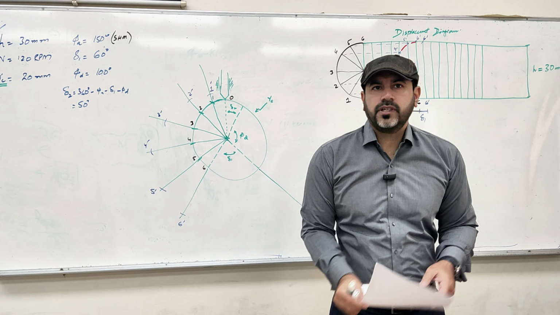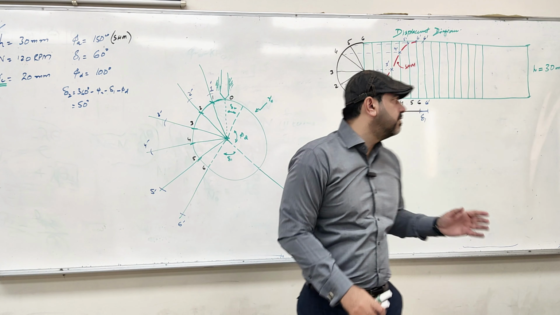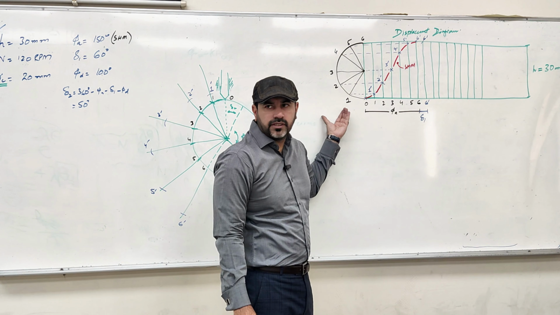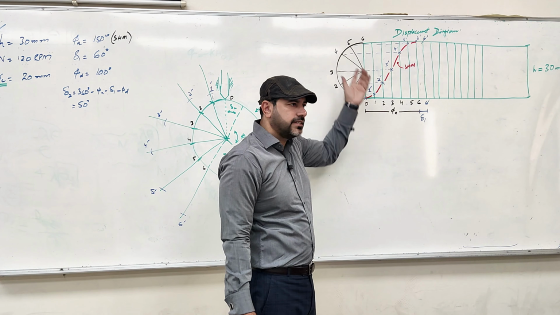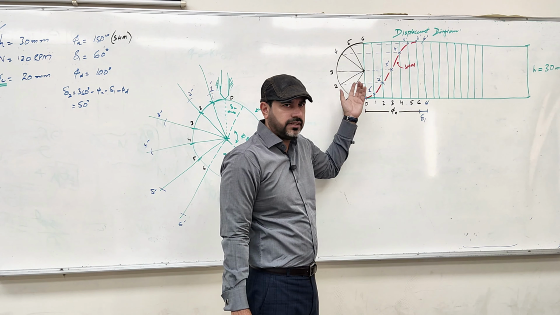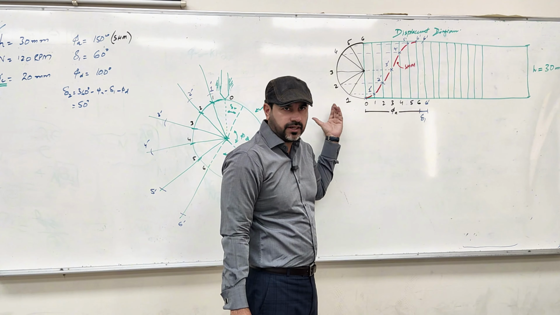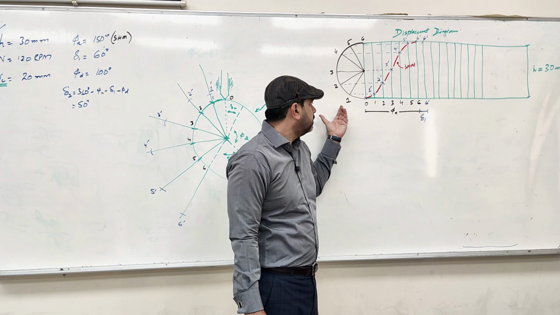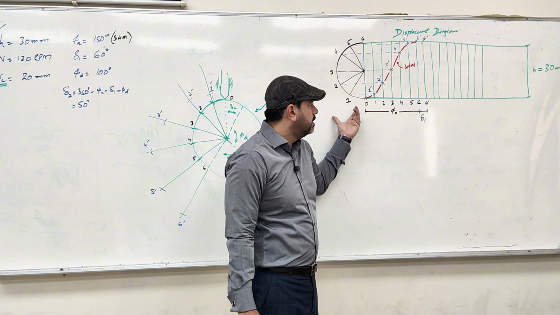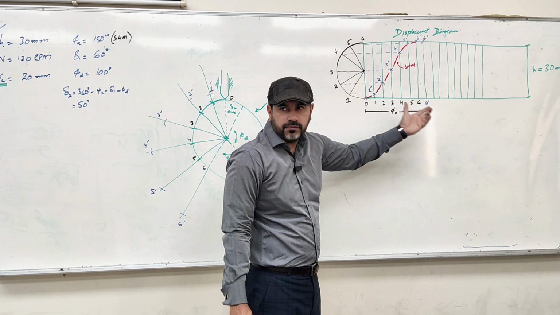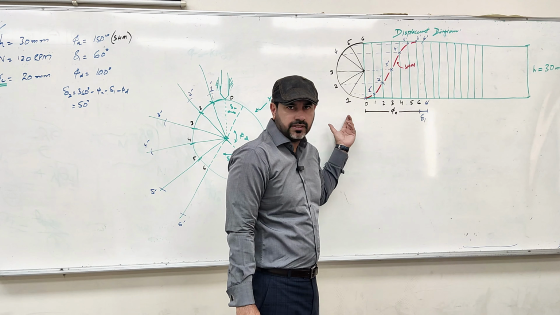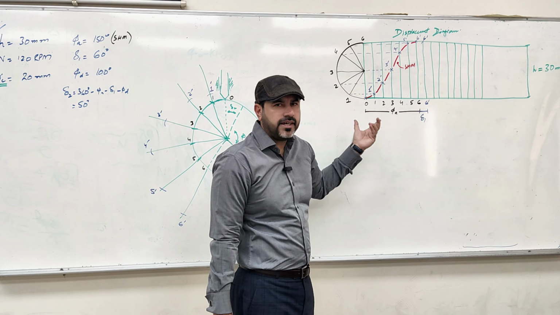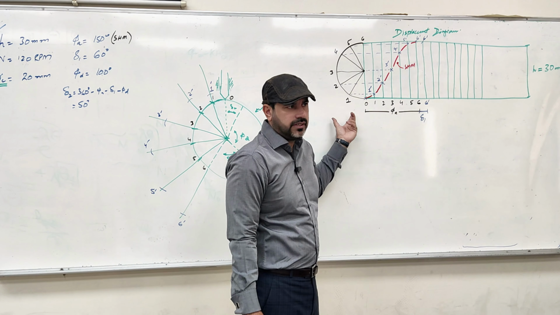Cam uniform velocity. Okay, so we have nothing to do with this circle because we use this circle part. Basically, it's a full circle, but we use only half of it. So if the second part is all simple harmonic motion, we'll use this. In that case, the clever idea is to use 6 divisions.